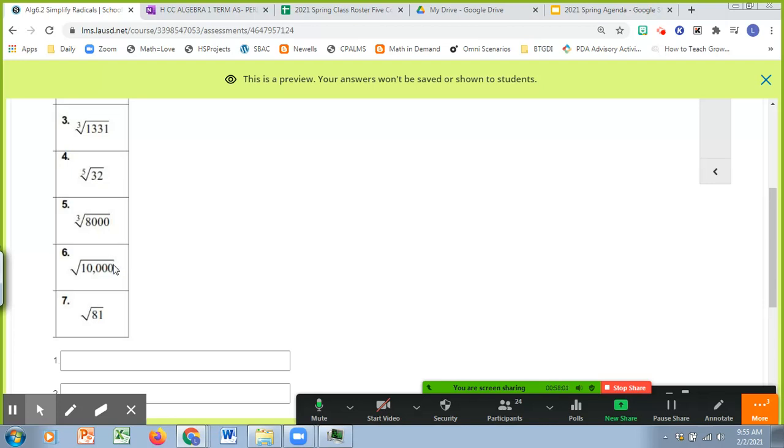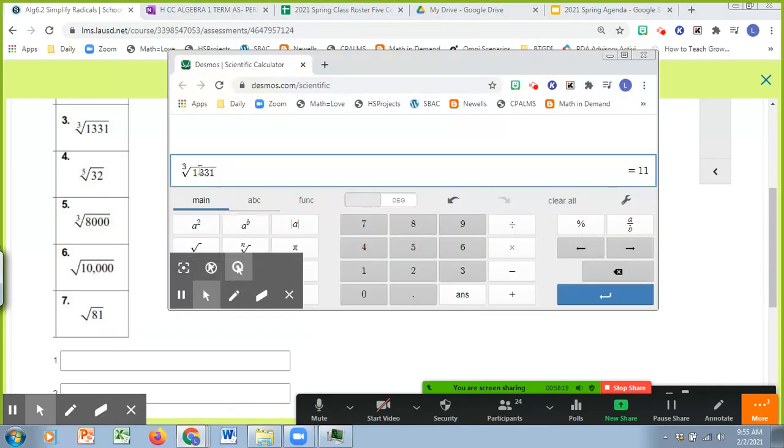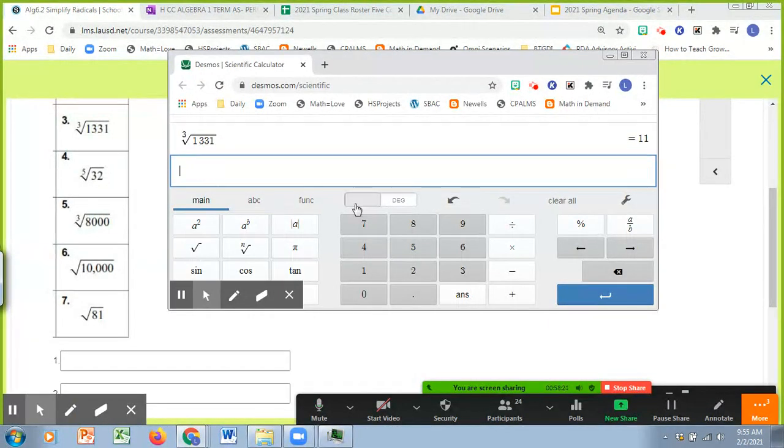So if there's no number inside, it's one, but if there's no number outside, the default is two. So you're getting the square root, LaTroy. So instead of three, you're using two. So that's what you're gonna enter in your calculator. You get the square root, and then you type in the number inside.